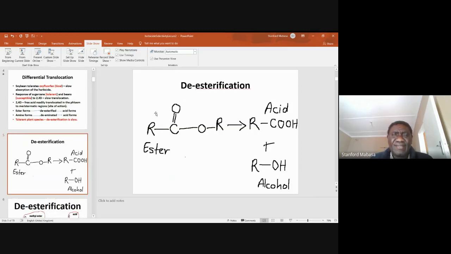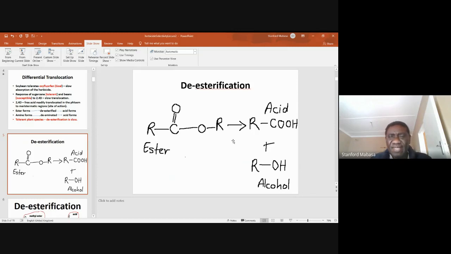This structure is showing the ester form of the herbicide, which can break down into an acid and an alcohol during the deesterification process. And it is this acid which is responsible for the herbicidal activity. It can cause phytotoxicity.